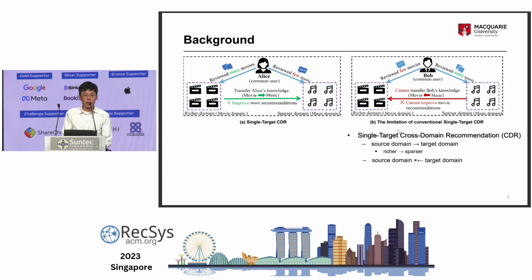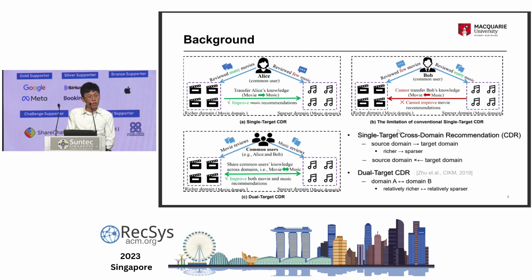However, it has a limitation: even for another common user like Bob, even if he has reviewed more music than movies, the conventional single-target CDR model cannot transfer Bob's preference from the music domain to the movie domain.